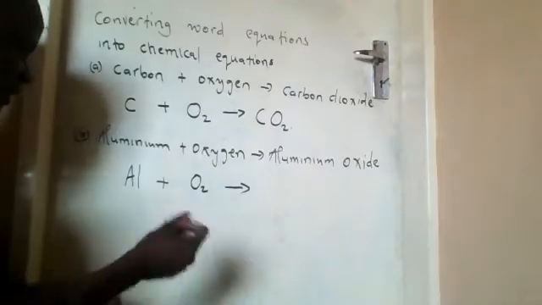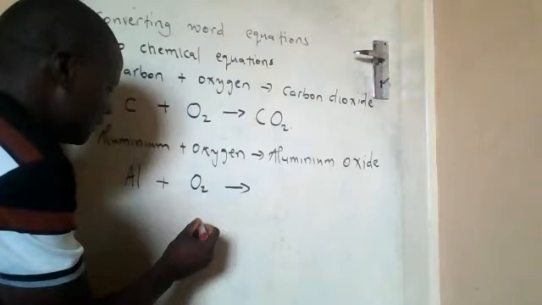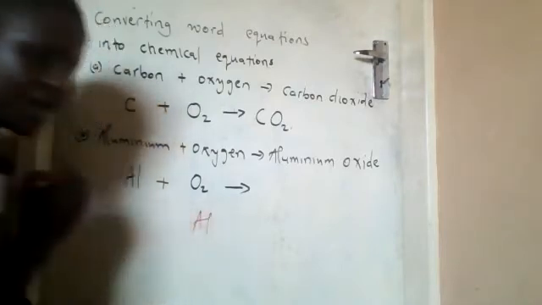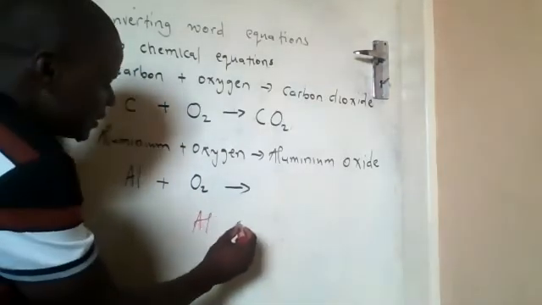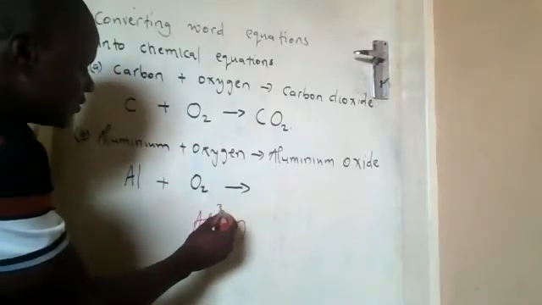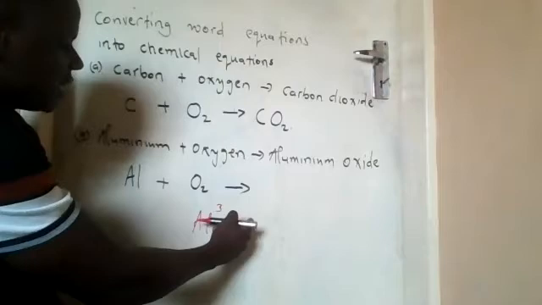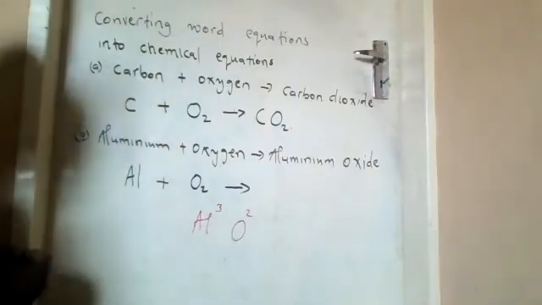We know that what we are combining is aluminium, so we're going to have Al and the oxygen. Aluminium is in group 3, so the valence is 3. Oxygen is in group 6, 6 from 8, the valence is 2.